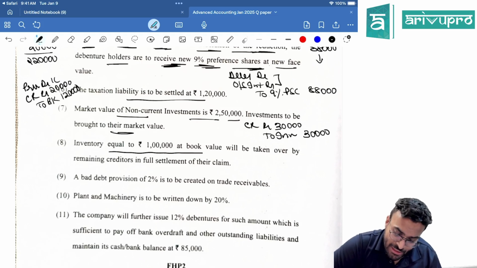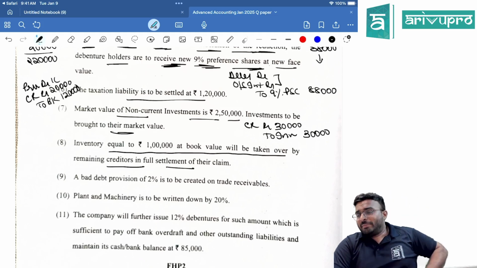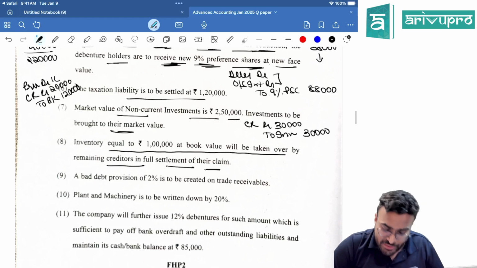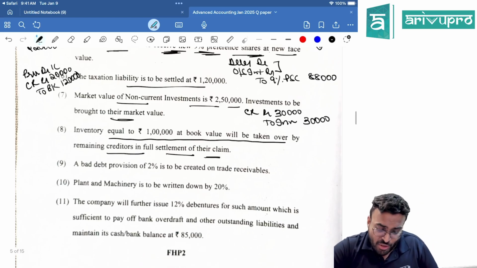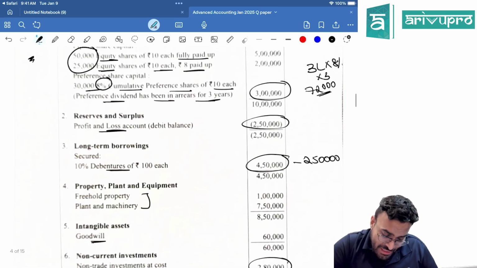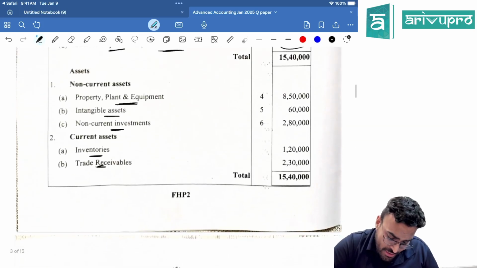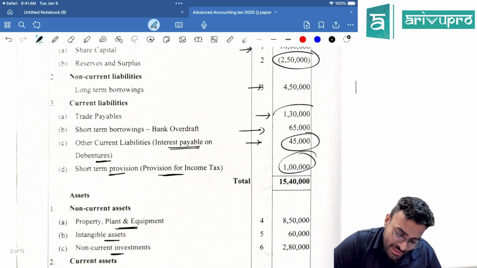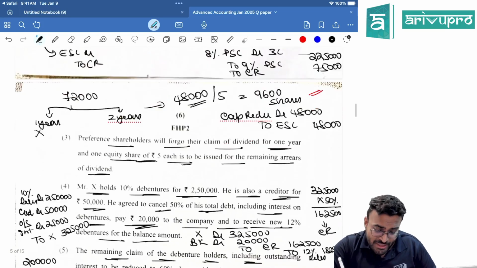Inventory equal to 1,00,000 at book value will be taken over by remaining creditors in full settlement of their claim. Remaining creditors are how many? We have creditors over here, sitting at 1,30,000. Out of that, how much did X have?